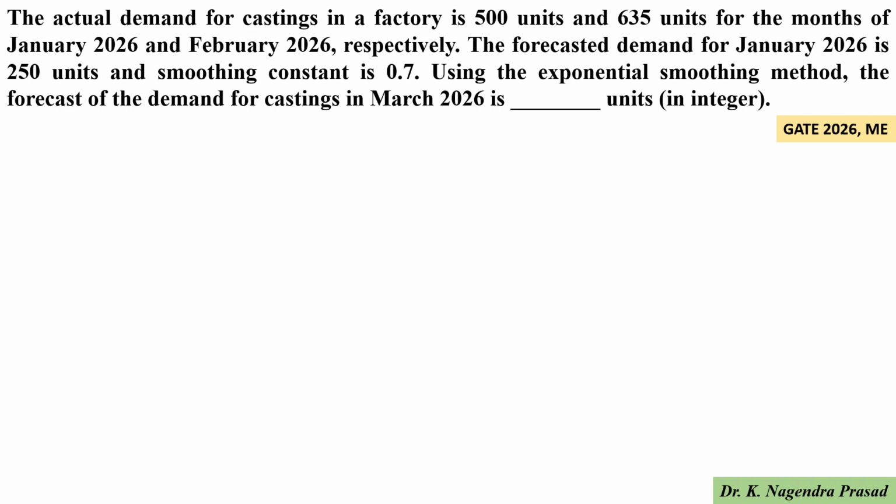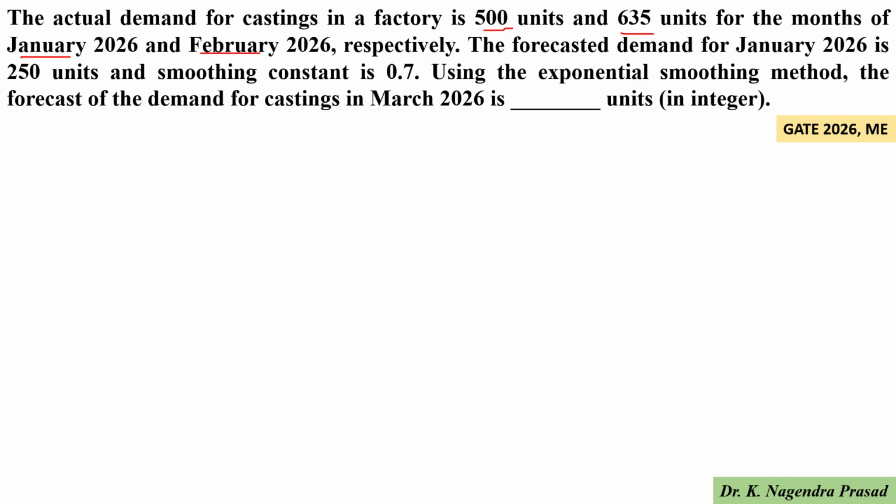In the present video, we will solve the GATE 2026 forecasting problem. Let's see the problem. The actual demand for castings in a factory is 500 units and 635 units for the months of January 2026 and February 2026 respectively.